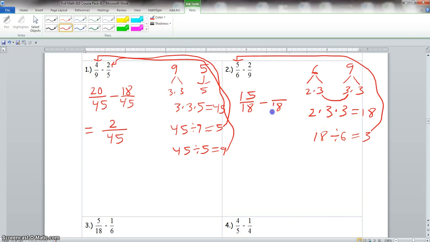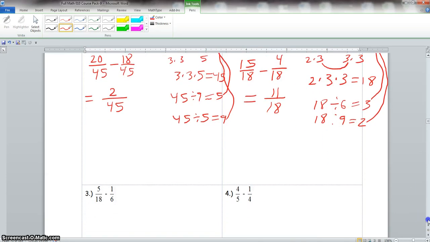Now, we take this new denominator and divide it by the old denominator. 18 divided by 9 is 2. So we would take this 2 here and multiply it by this 2 here. 2 times 2 is 4. Now, we subtract. Our denominator stays 18. 15 minus 4 is 11. So our answer here is 11 over 18.